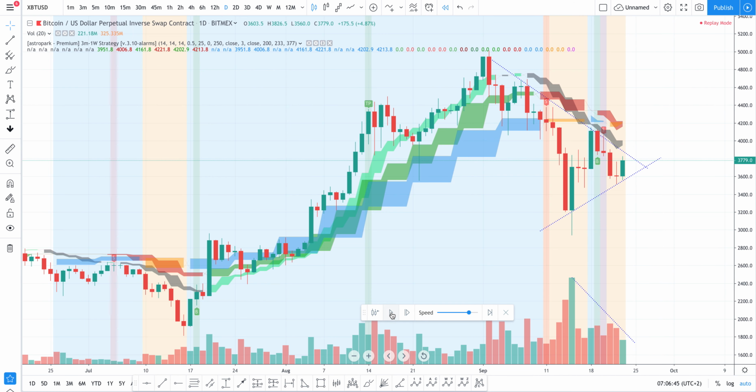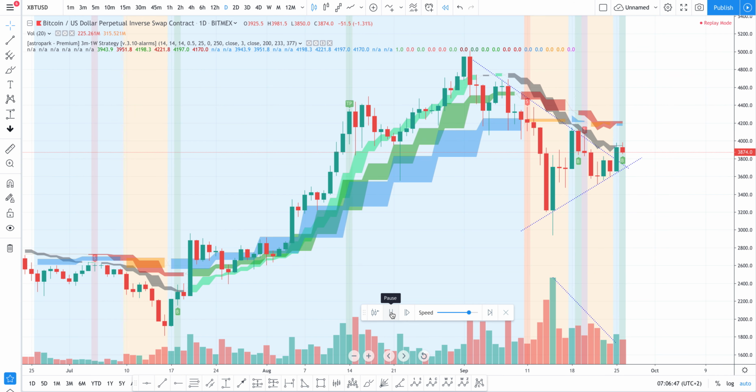So let's see. It just retested the pennant. Very nice. So personally I would have bought more here if I bought here, so I lowered my entry point. Just now a buy was printed here, so this is interesting.